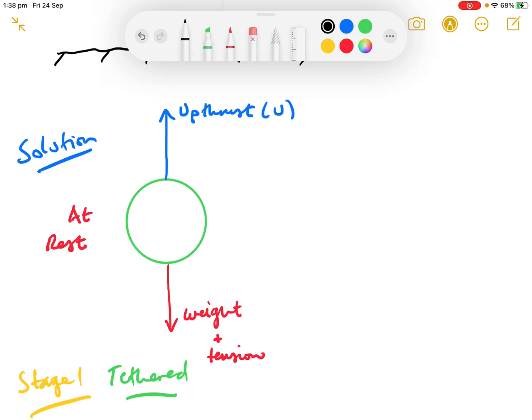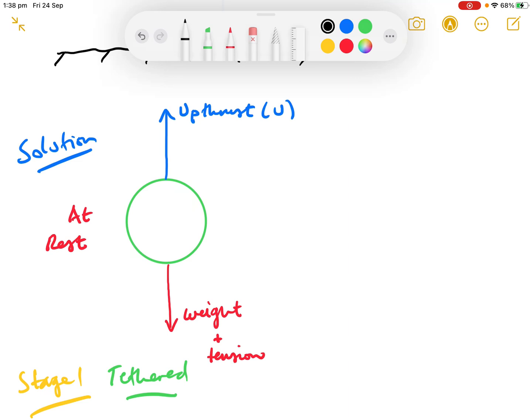Well, the forces down the way are the weight. Don't forget the weight. It's amazing how often people think the balloon doesn't have any weight, but real balloons have often quite considerable weight. But it's not just the weight pulling the balloon down, there's also the tension. So you've got these two forces downwards of weight plus tension.